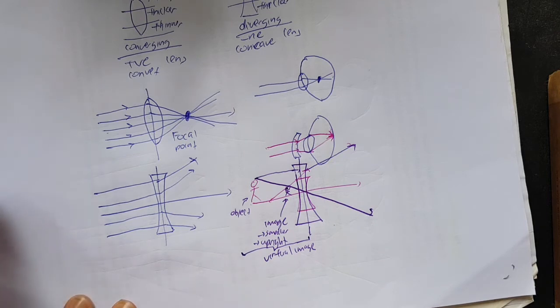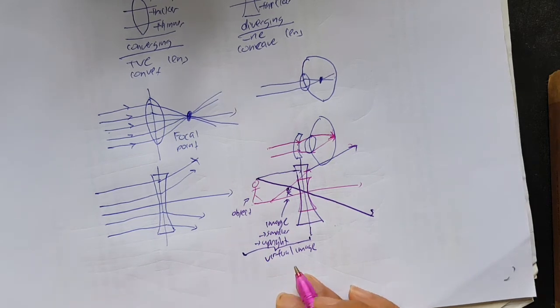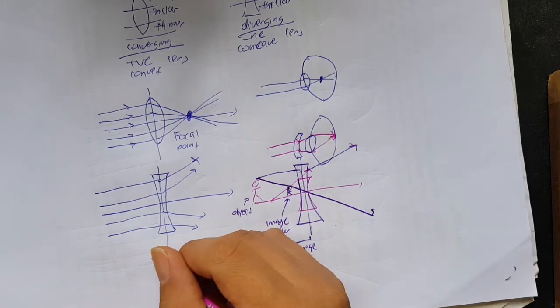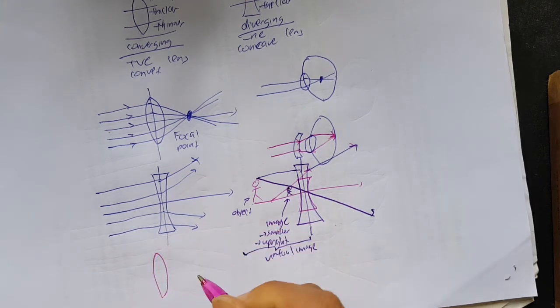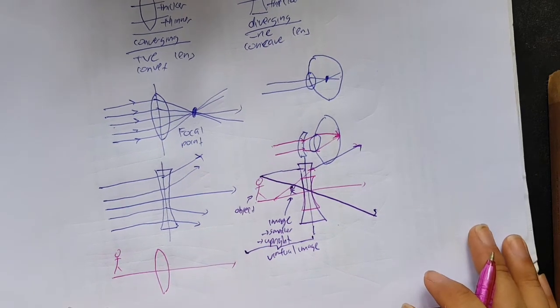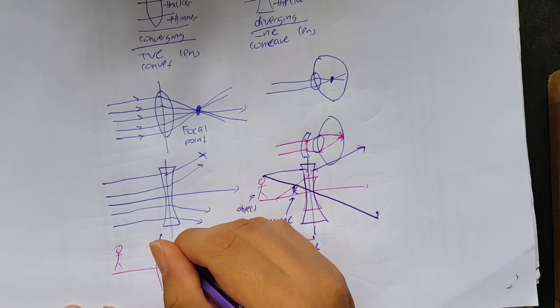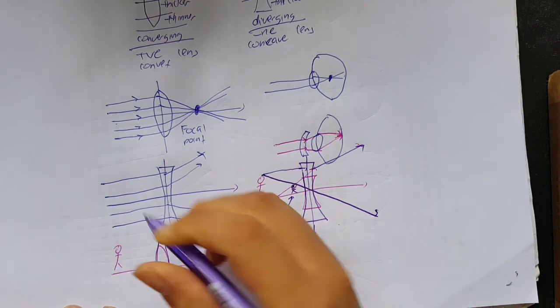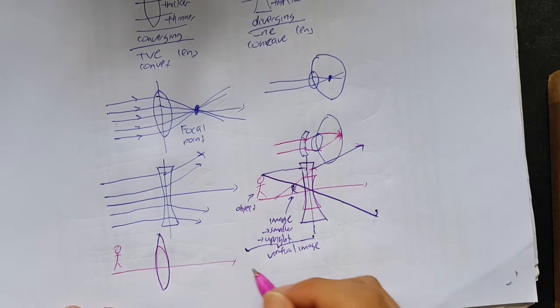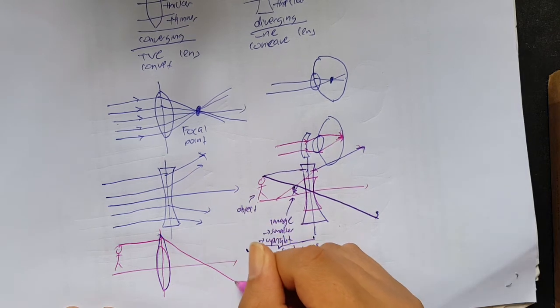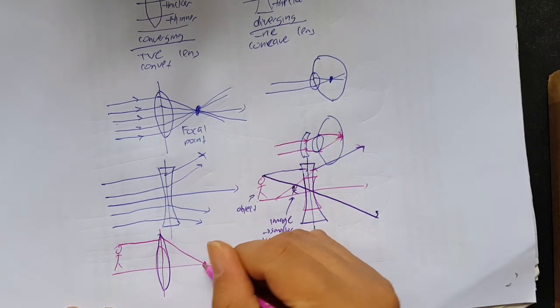Now for a real image. Normally for a real image we will draw using a converging lens. So I just draw a converging lens here. This is your object over here. Basically, the rays will converge, and this will be your focal point.